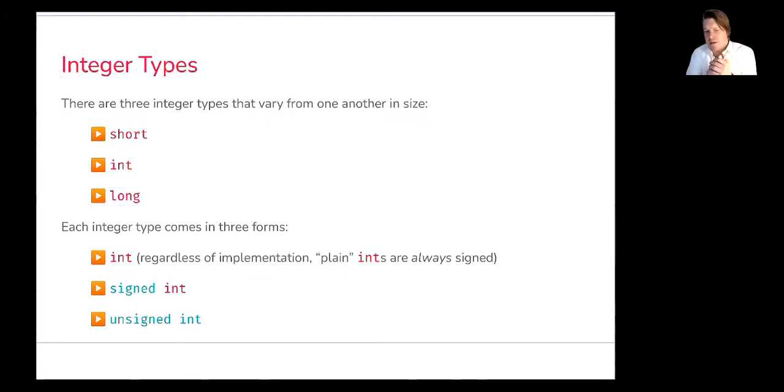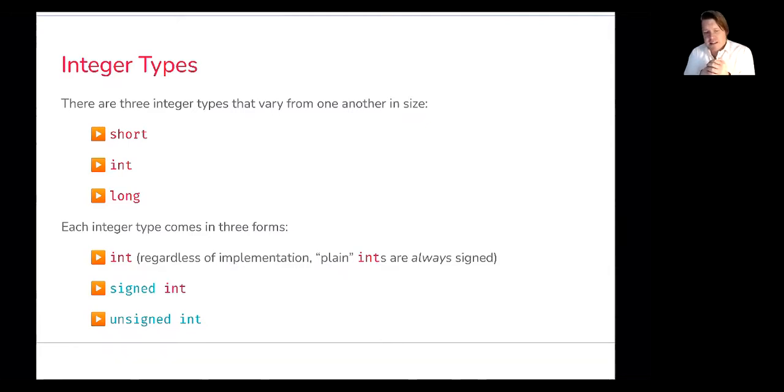Each integer type is going to come in 3 forms. There's the plain vanilla int or plain vanilla short, plain vanilla long, and essentially these are going to allow you to store both positive and negative numbers within them. Likewise, we could add in, as we'll see, a non-type specifier, signed, as a prefix to the name of an integer type, and that's essentially saying that this object will store both positive and negative values.